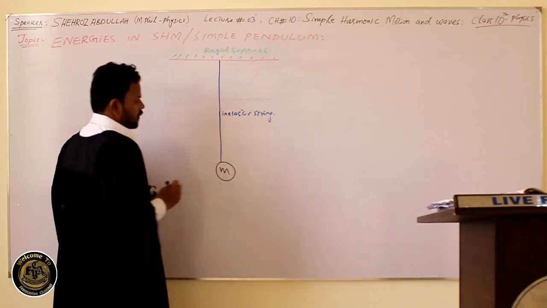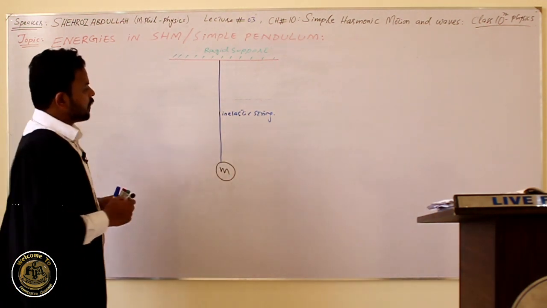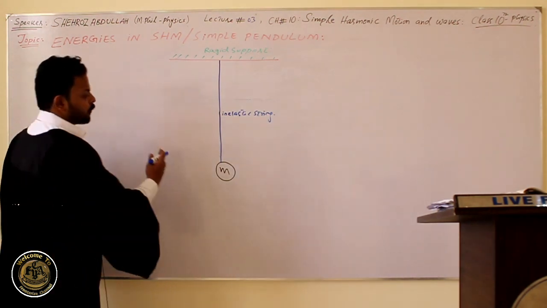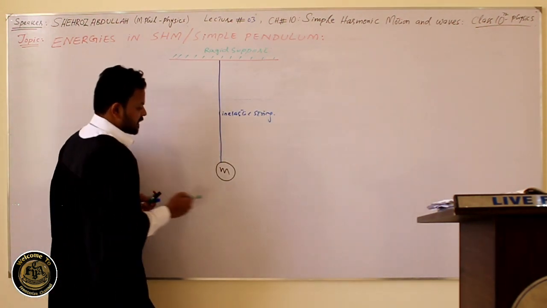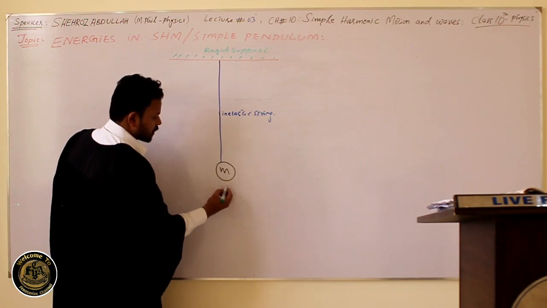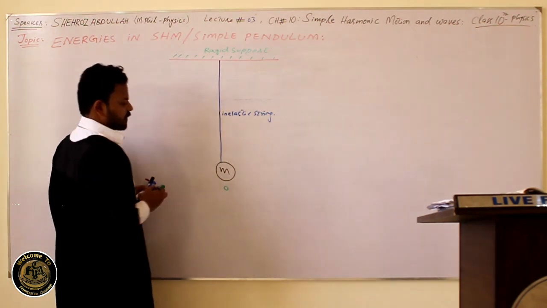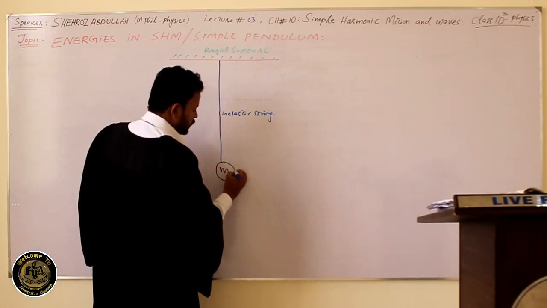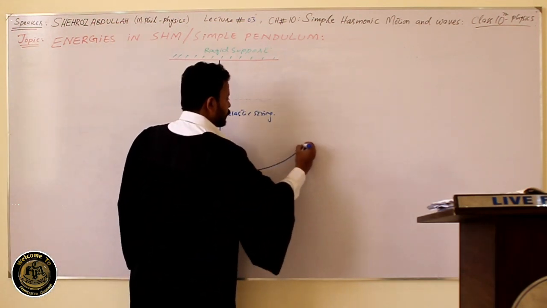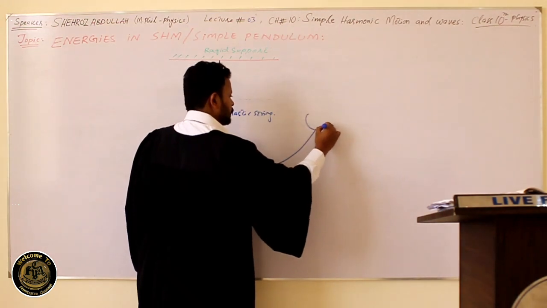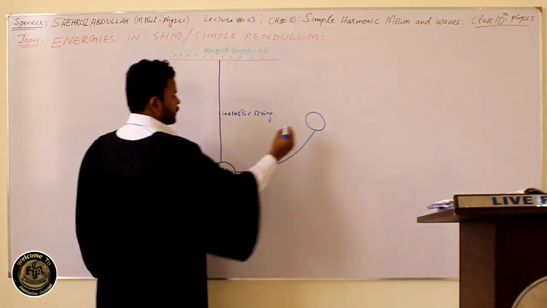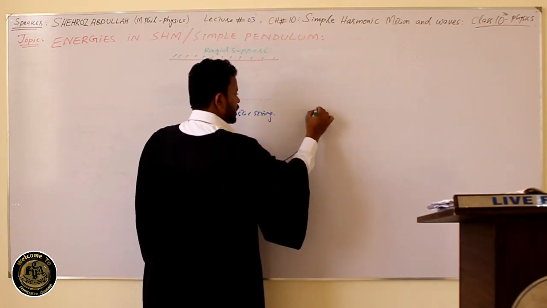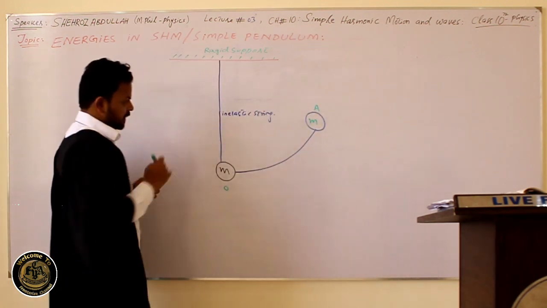This is a metallic sphere of mass M. Say this is position O. What I'm doing now is applying force to bring it to another point like this, that is A point.